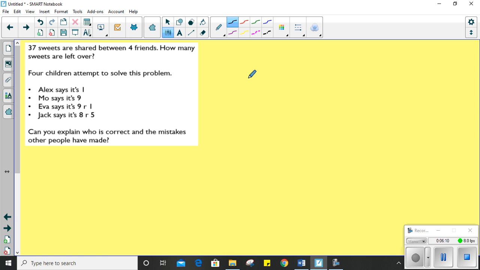Right, using my fingers, I can see that 36, which is the same as 9 times 4, is my closest multiple. So if I was splitting between 4, I would have 1 remainder, 1 left over.